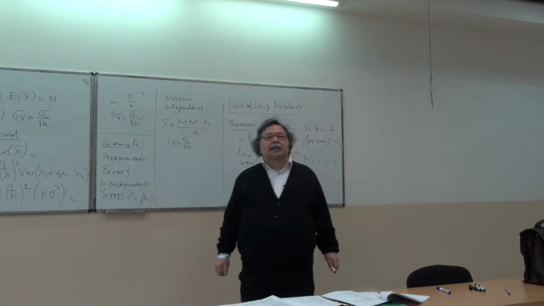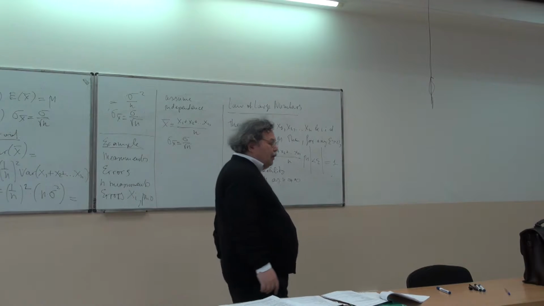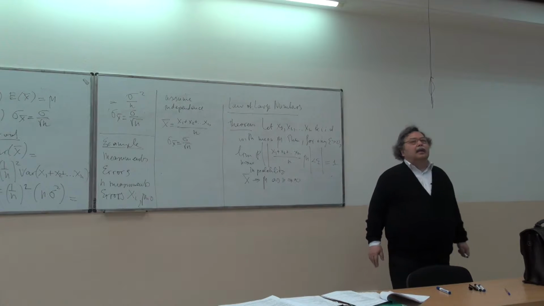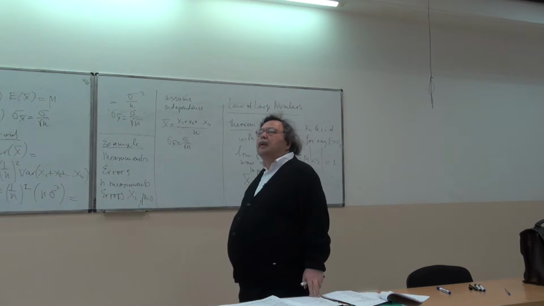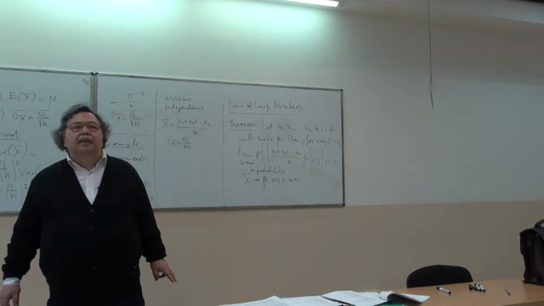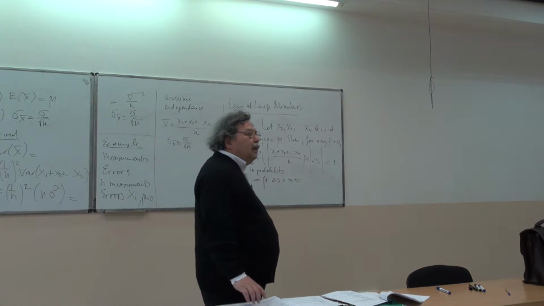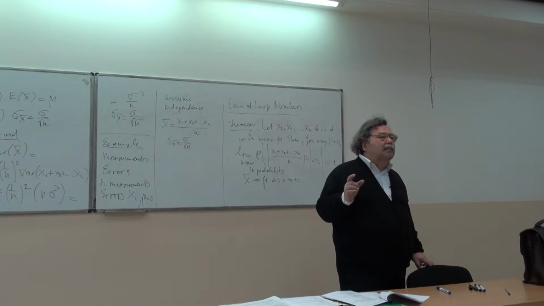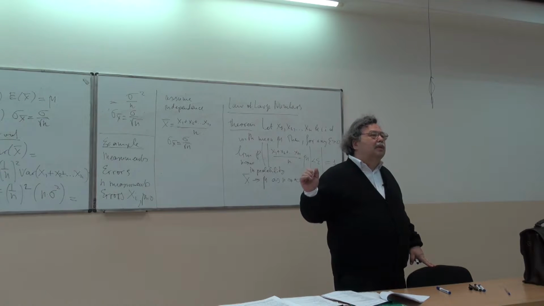Do you remember Chebyshev's inequality? If you try to recall what it says, what it's about: Chebyshev's inequality tells us that a random variable cannot be very different from its mean mu if the distance between the random variable and mu is measured in sigmas. Okay? This is a very informal way to put it.